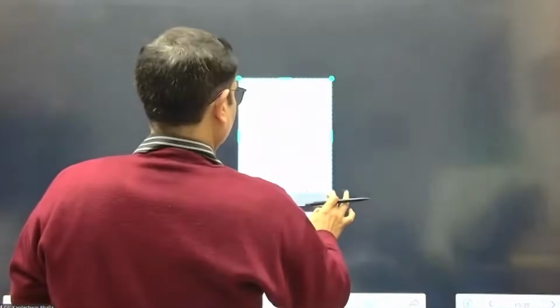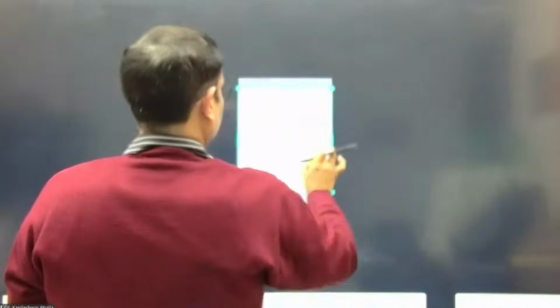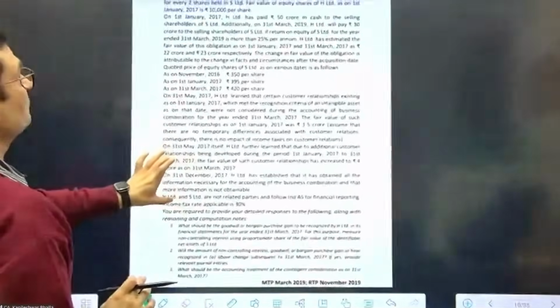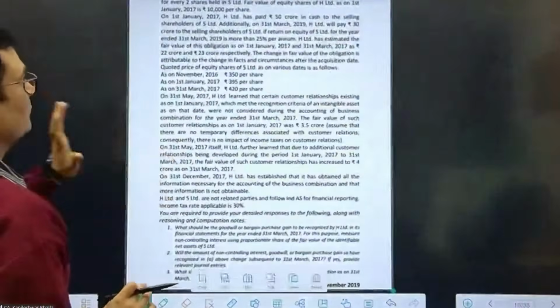So we're going to first read the question very carefully, and then we'll start solving this question. A lot of inputs are there in this particular case. I hope it's manageable, right? You can see that, right? Manageable, I guess. Yes, sir. Great. So now let me start reading the question with you.